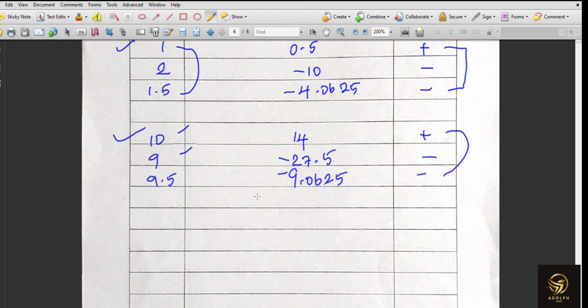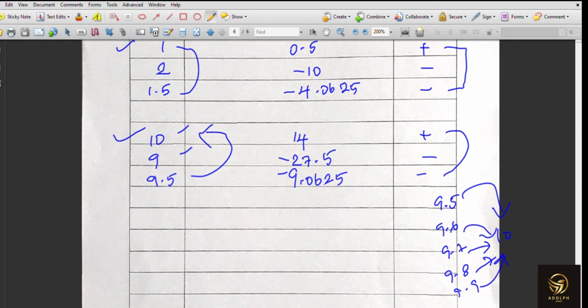The change is happening between 9.5 and 10, and whatever number I have after 9.5, like 9.6, 9.7, 9.8, 9.9 or 10, if I round to the whole number, because we want to write the answer as a whole number, I'm going to get 10 as the only answer. So my answer is going to be 10.